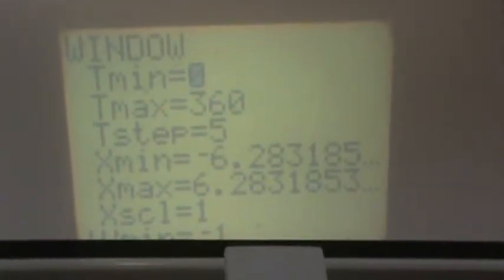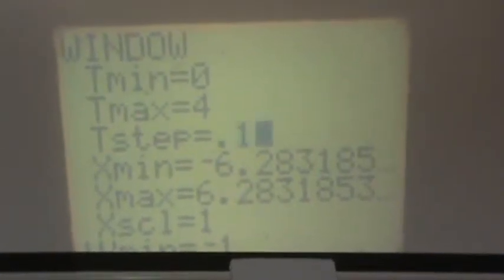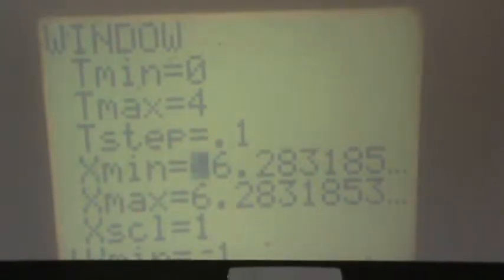Okay. And now my window, I think I'll go with 0 to like 4 or something. And my step will be 0.1. If I'm going 0 to 4, the biggest x is going to be 20. So I'll go 0 to 20. The scale, I'll go in increments of 2.